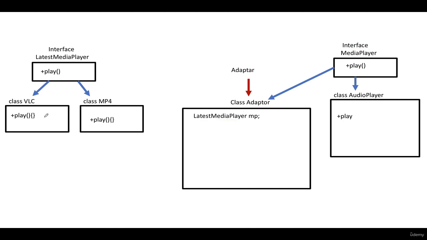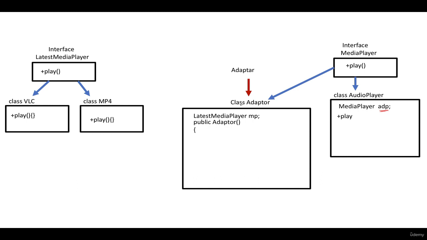This interface has the two classes implementing it, this adapter is also implementing this interface, and this audio player is also implementing the same interface. And now we have the instance of media player in this audio player class. So this media player is nothing but the interface through which these two classes are connected.